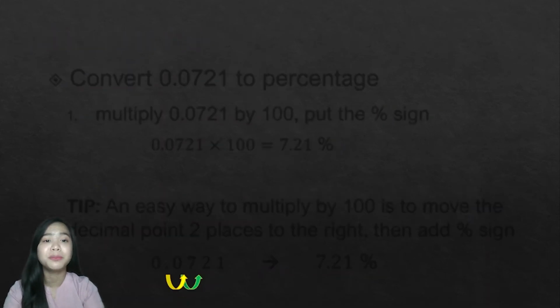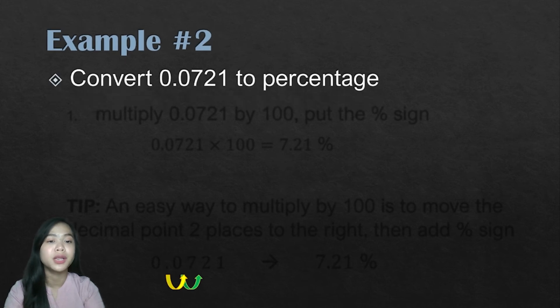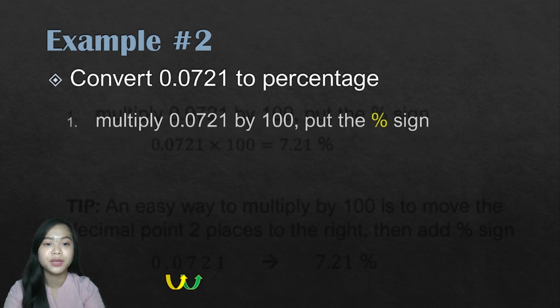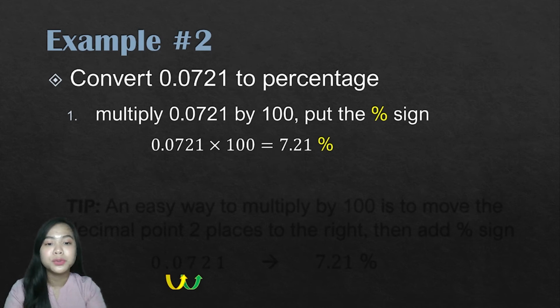Let's have another example. Example number 2, we need to convert 0.0721 to percentage. So first, multiply 0.0721 by 100, we have equal to 7.21. Then add the percent sign, then we have 7.21%.